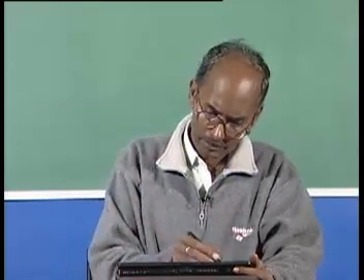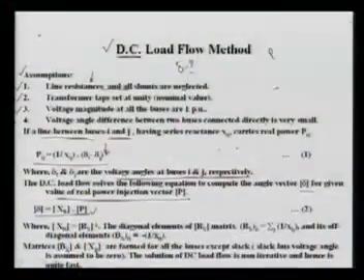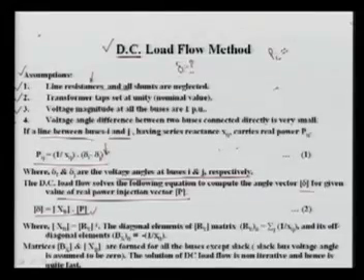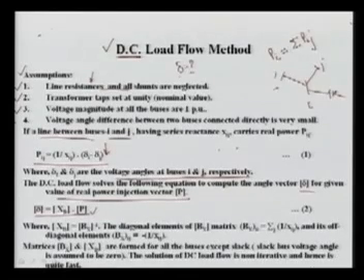From this expression, the injection at any bus I is the summation of Pij over all the lines connected with this bus I. For example, if bus I has several lines, going to J, K, L, it is the summation of all the lines, Pij, Pik, Pil, added together.